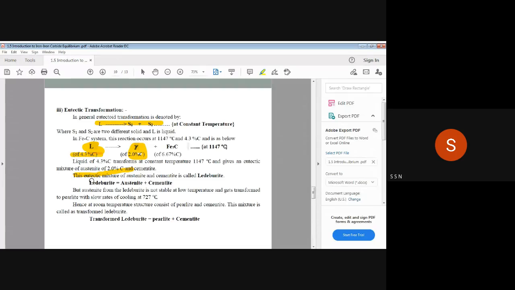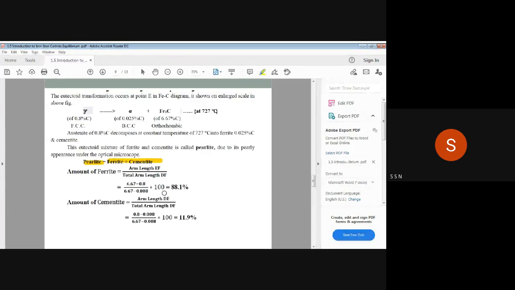for this eutectic transformation, austenite and cementite, whatever is present, we can call it a ledeborite. Just as in the previous eutectoid transformation, ferrite plus cementite, this alpha ferrite and this cementite, we call it a perlite because of the pearly appearance in the microstructure. We call cementite plus ferrite a perlite.